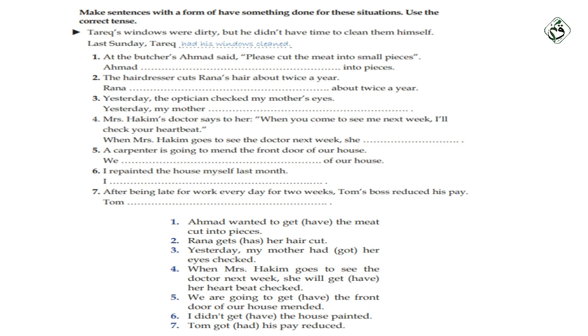At the butcher's, Ahmed said, "Please cut the meat into small pieces." Ahmed wanted to get the meat cut into pieces. The hairdresser cuts Rana's hair about twice a year. Rana gets her hair cut about twice a year. Yesterday, the optician checked my mother's eyes. Yesterday, my mother had her eyes checked.